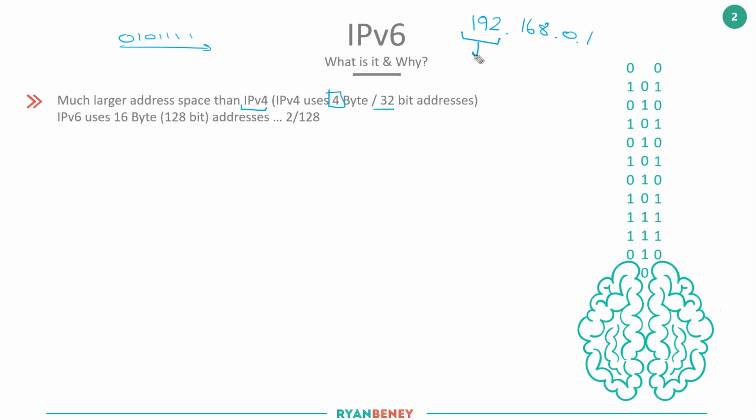We know that each of these is a single byte. We've discussed this in depth in many videos previously, and we know that in a byte there's 8 bits, and since we have 4 bytes in total, it's 32 bits. So hopefully you're comfortable with that. If you're not, go back and watch the IPv4 videos, which are earlier on in the course.